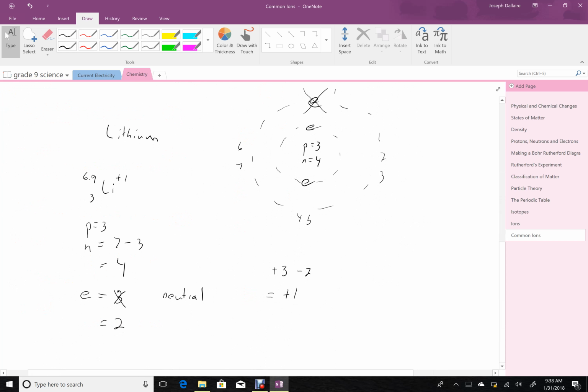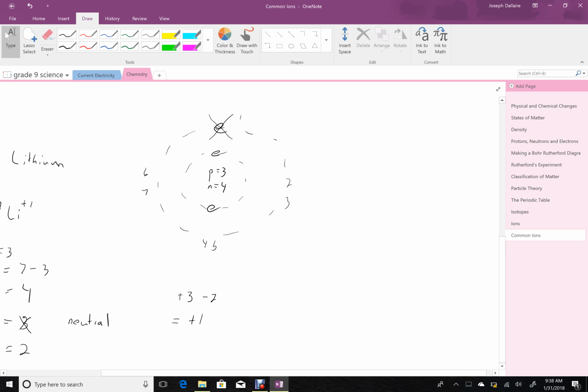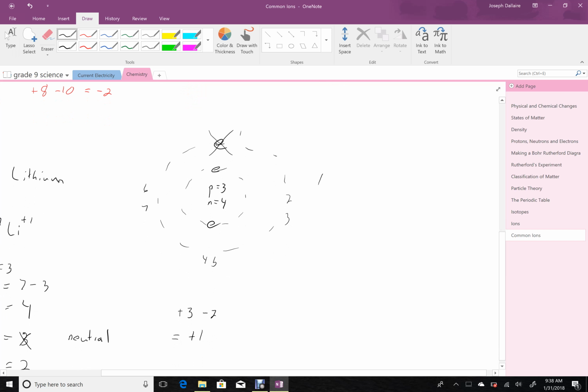Alternatively, some atoms like to give away their electron to become stable. They are metals, and they're on the right side of the periodic table.